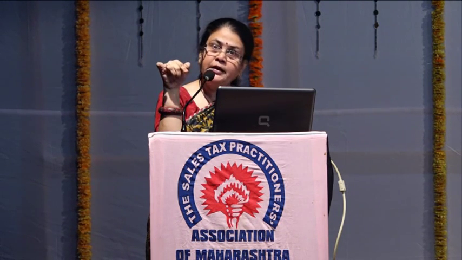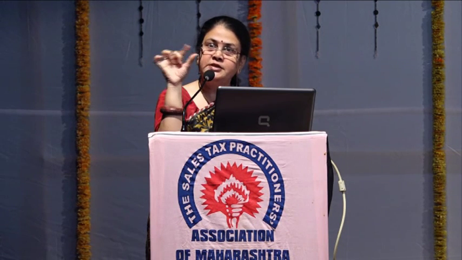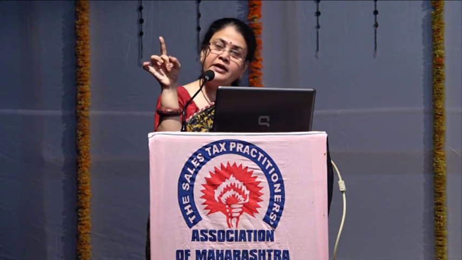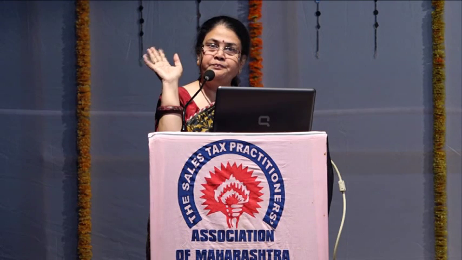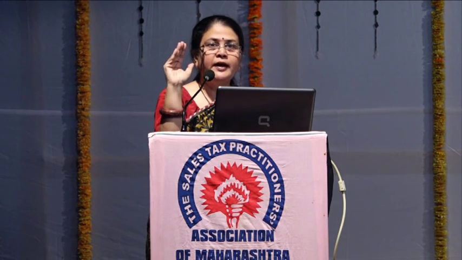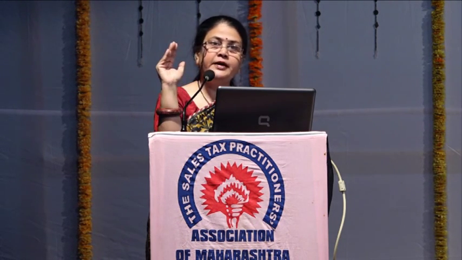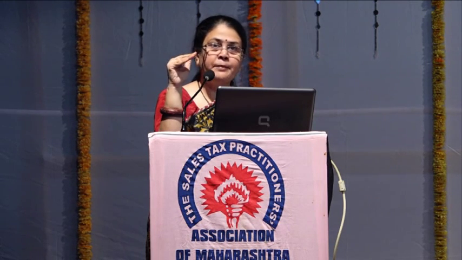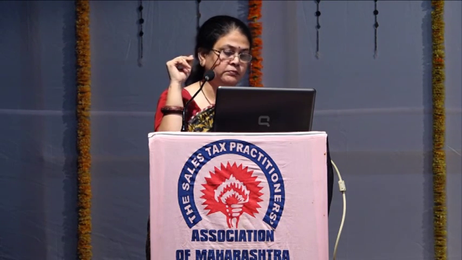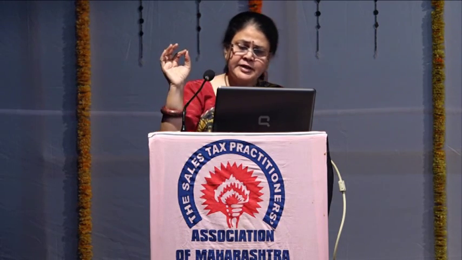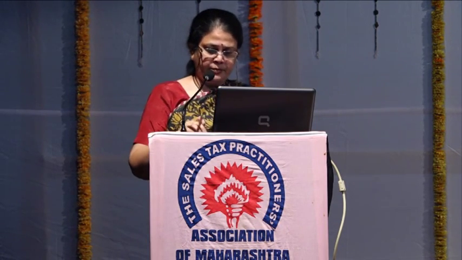If you filed an appeal, then 90 days will be given in total, 60 plus 30, and from the 91st day the provisions will apply. So that is how they have provided that from the specified date onwards they will get the power to adjust that liability as per the order against the refund payable to you.